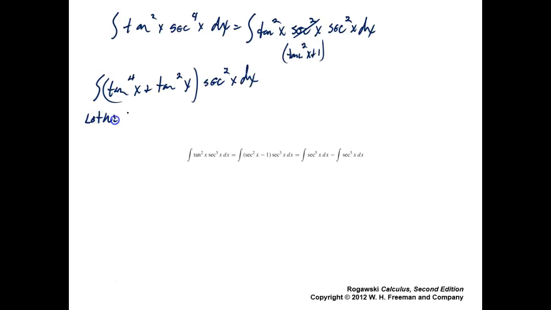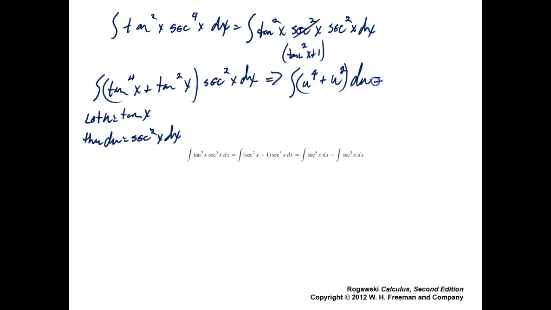Let u equal tangent x, then du is equal to secant squared x dx. That took care of that. So this becomes what? The integral of u to the fourth plus u squared du.